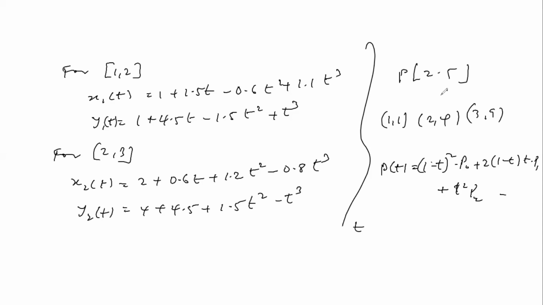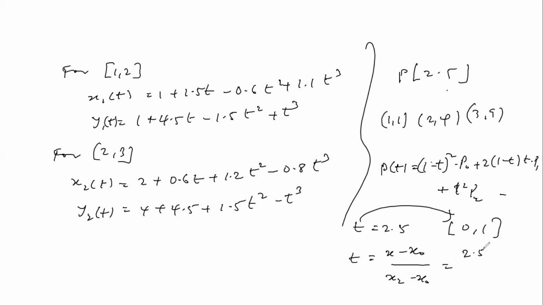So for us to be able to do that, we now have to evaluate the spline at x equal to 2.5. And we'll have to scale this within the range of 0, 1, because t takes on values from this. So for us to perform the scaling, we'll have to evaluate t to be the same as x minus x0 over x2 minus x0, for which we now have 2.5 minus 1 over 3 minus 1.